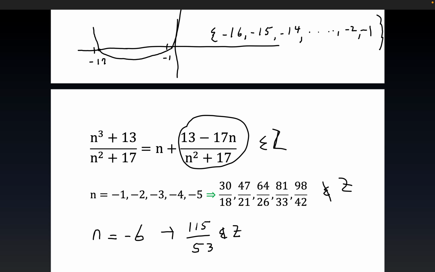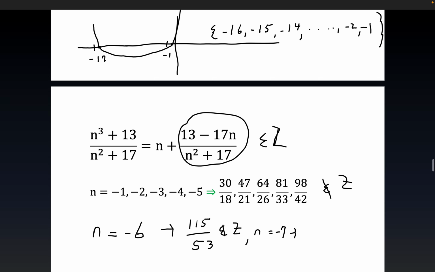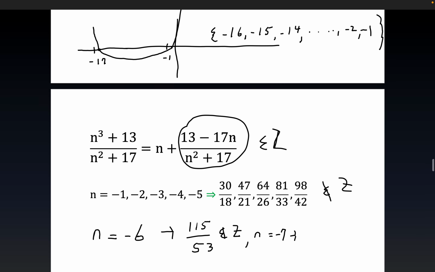Okay, now let's try n equals negative 7. So what does that imply? 13 minus 7 times 17 is 119. So this would be 132.